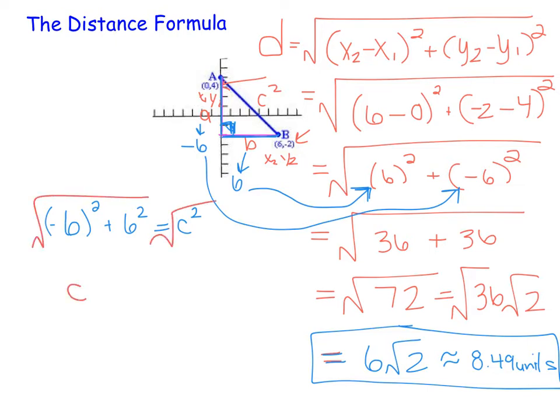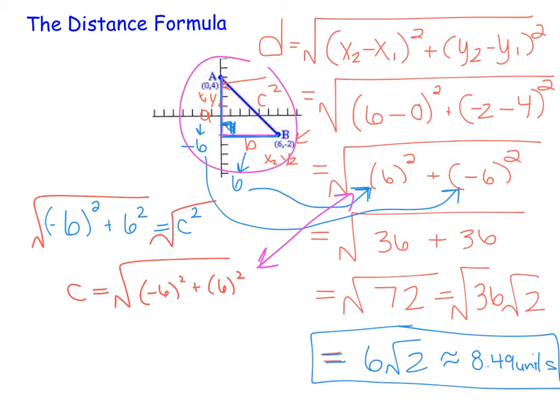So I ended up with c, or my distance, is equal to the square root of negative 6 squared plus positive 6 squared. And you can see how the distance formula is really just an application of the Pythagorean theorem that we learned yesterday. Kind of a cool application. So if you ever forget the distance formula, what you can do is you can create a right triangle out of your picture, like we did here, and you can use the Pythagorean theorem to help you instead.